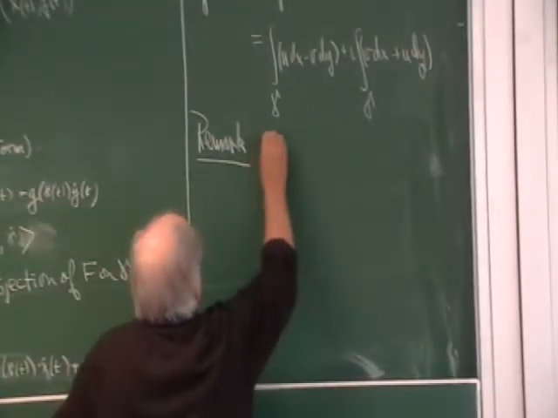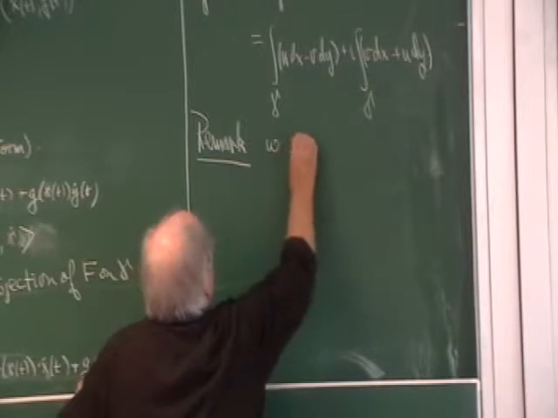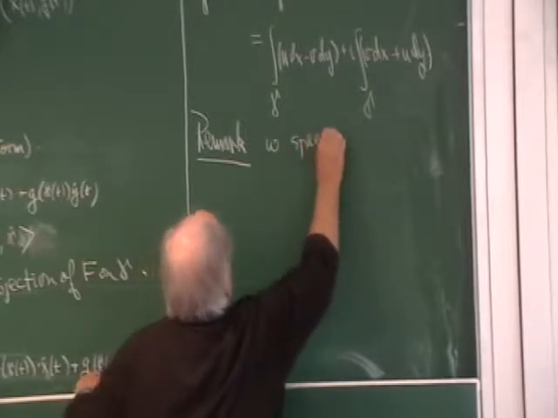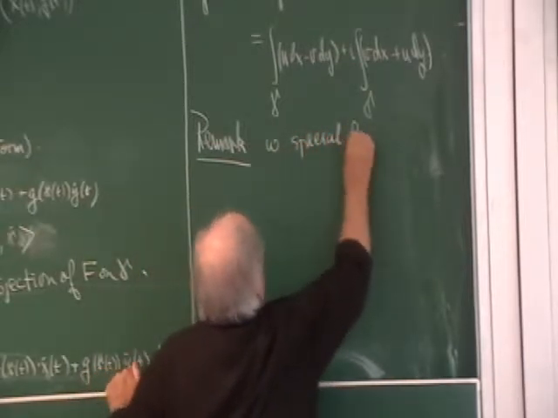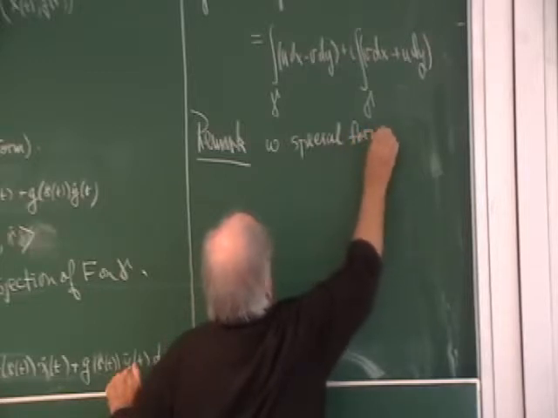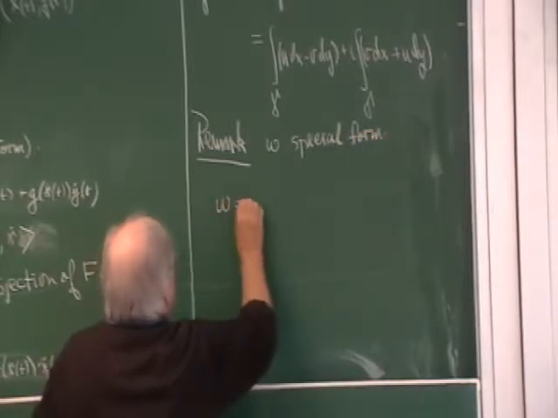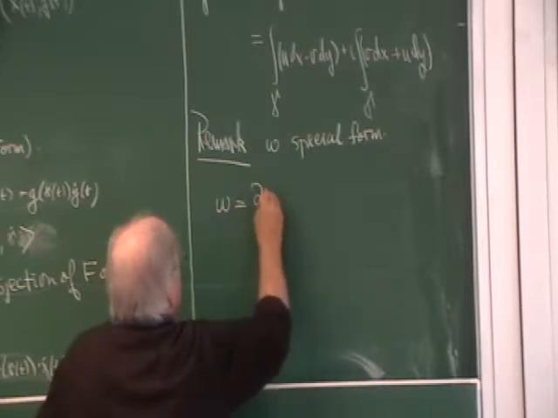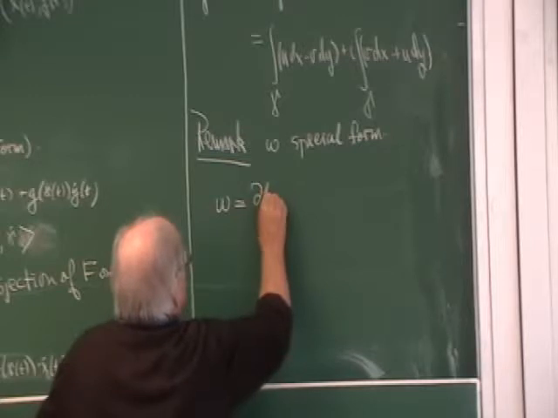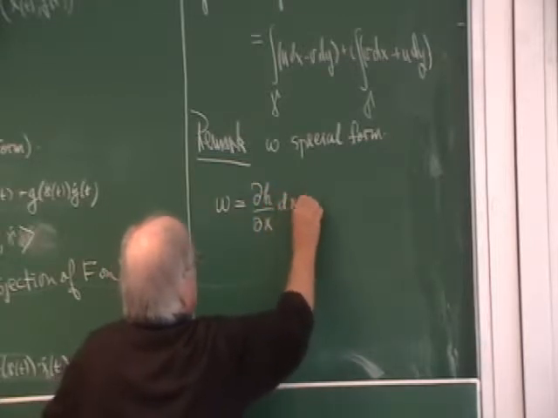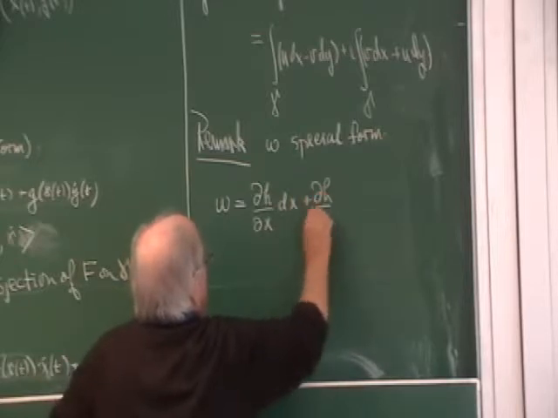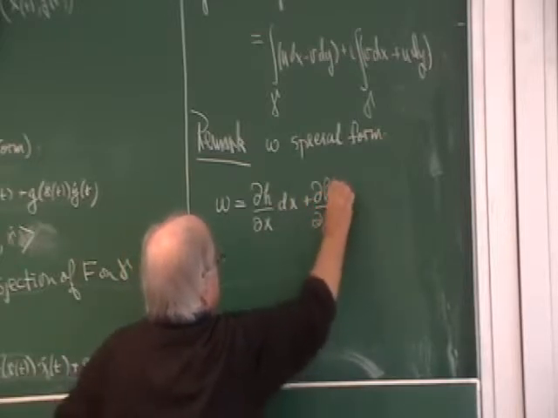Let's just take omega a special form. Let's take omega equal to partial h over x dx plus partial h over y dy.